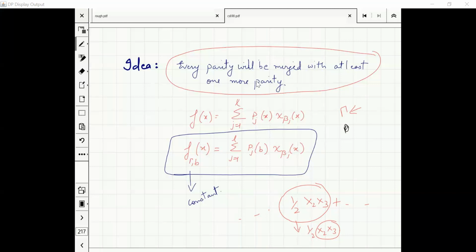So the number of equivalence classes becomes less than k by 2, because every equivalence class had size more than 2. All the total elements with all the equivalence classes were k. Every equivalence class has more than 2 elements, which means the number of equivalence classes is less than k. So I can take the representatives of these equivalence classes, add gamma into it, and every parity can be expressed in terms of these parities.